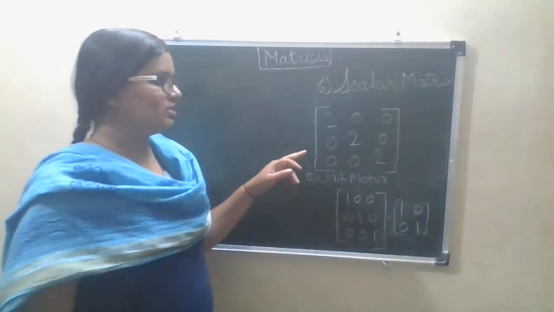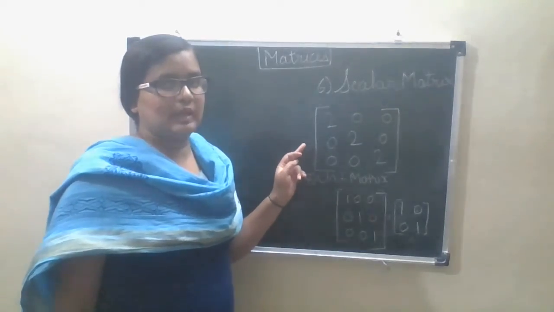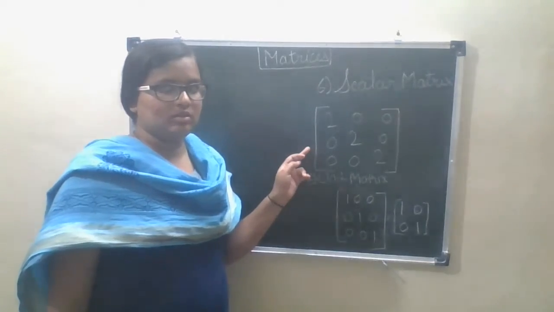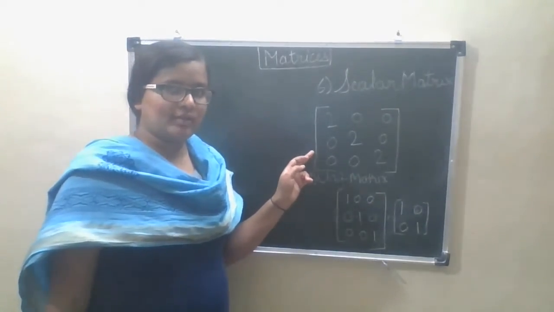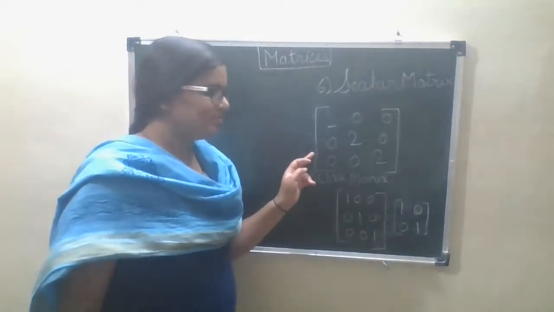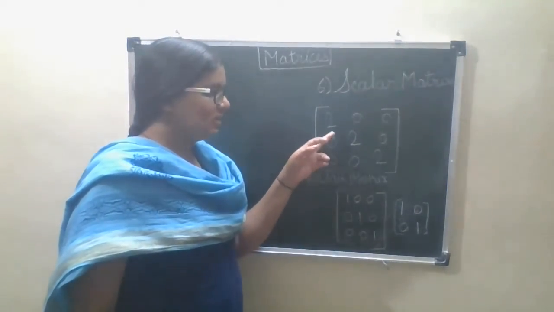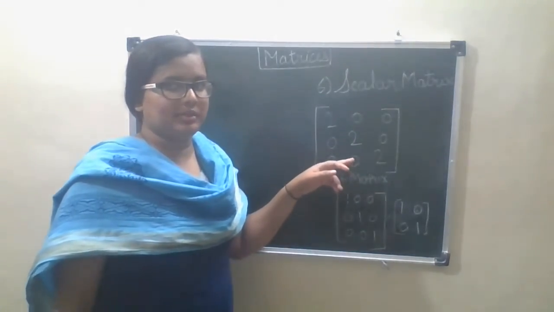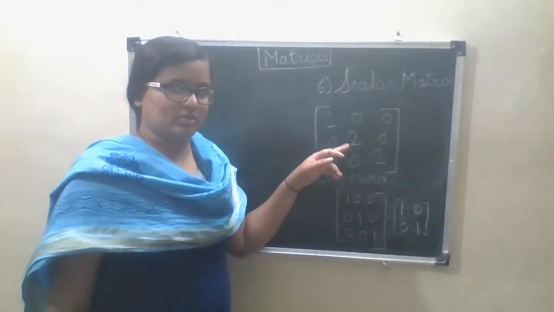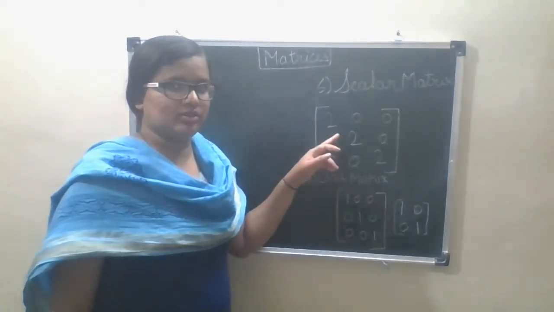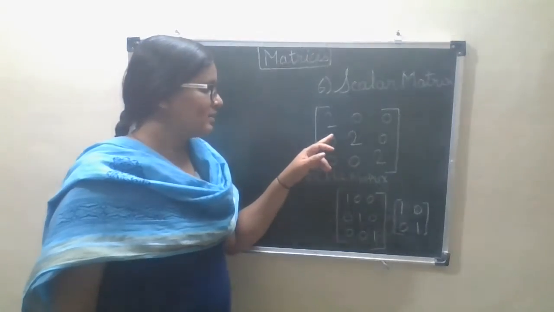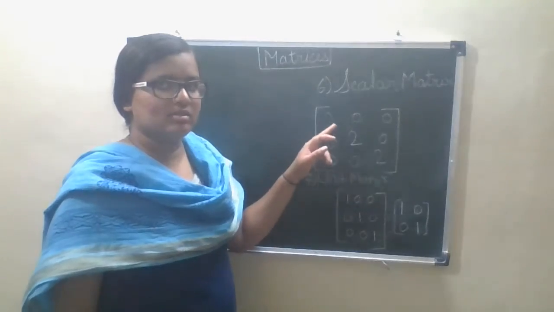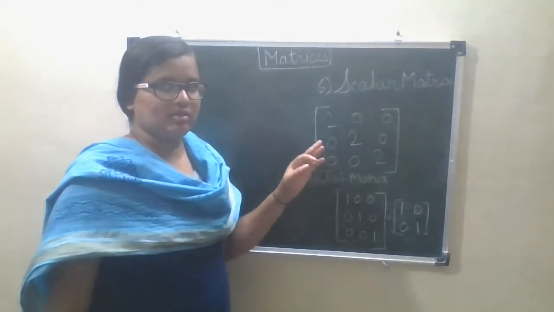The scalar matrix is one in which the diagonal elements are the same. These are the diagonal elements.